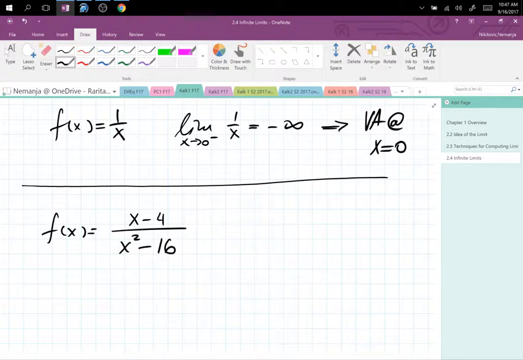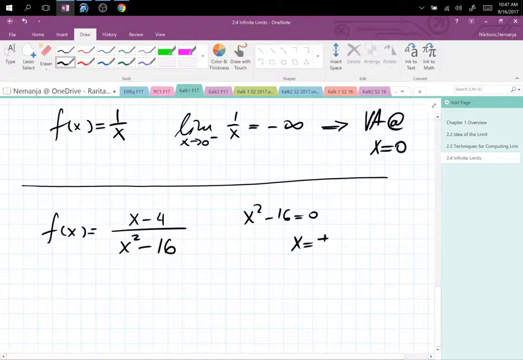And then you have to check each one of those candidates in the limit, and whichever one gives you infinity is the asymptote. The other ones will not give you infinity. Those are not asymptotes. So now, x squared minus 16 equals 0 produces plus and minus 4. Plus and minus 4 are candidates where asymptotes could occur.